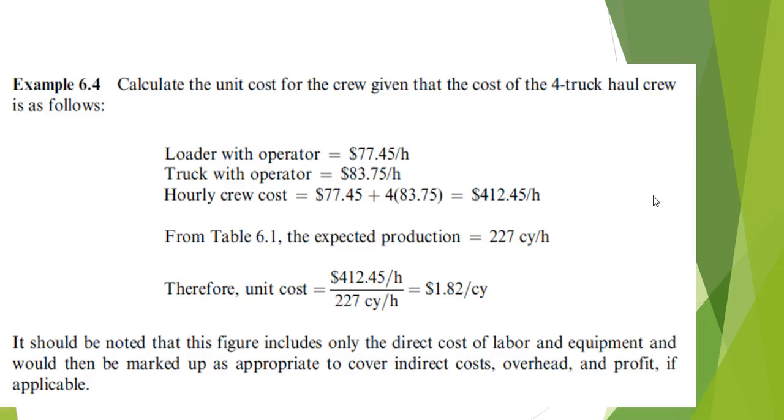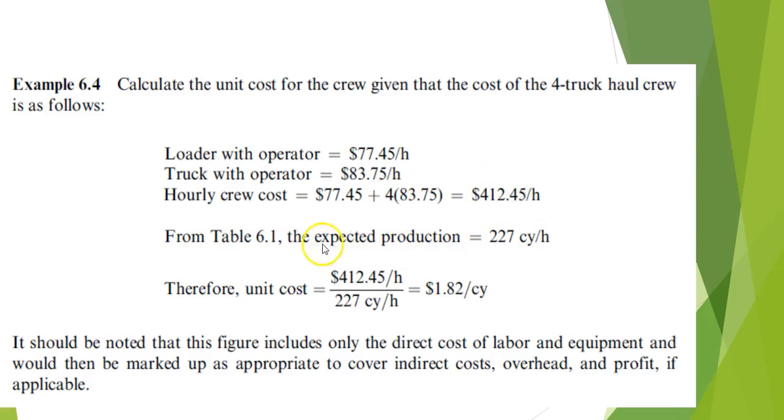You have an hourly crew cost then of $77.45 plus 4 times $83.75. Remember, you had 4 trucks in the crew right here. So that tells you you've got $412.45 an hour is the hourly crew cost.